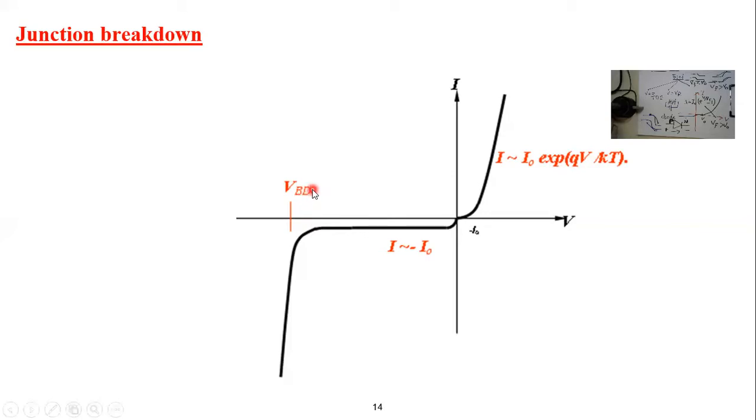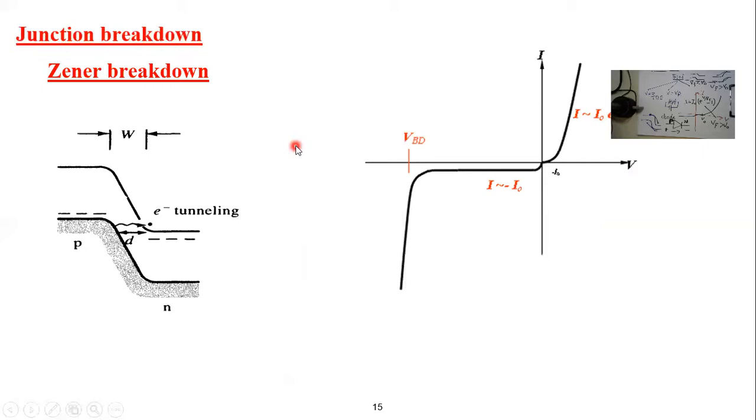This breakdown voltage can occur due to two reasons. One is what's called the Zener breakdown. The Zener breakdown is simply because the depletion region becomes very, very thin, so that, as you can see here, the valence band in the p-type and the conduction band in the n-type become somehow aligned.